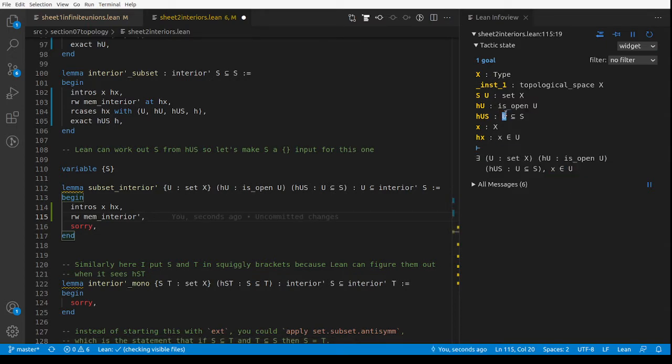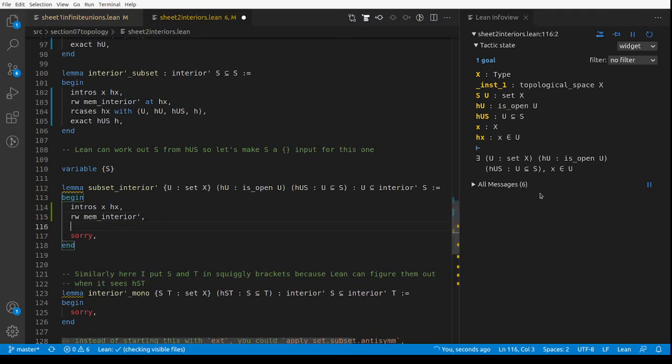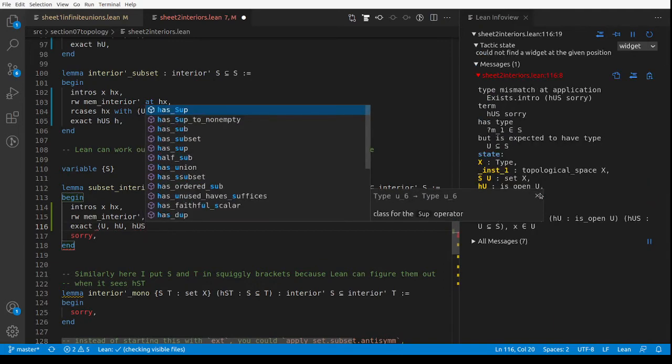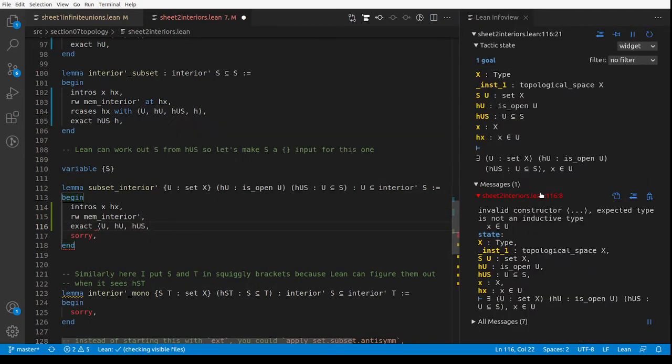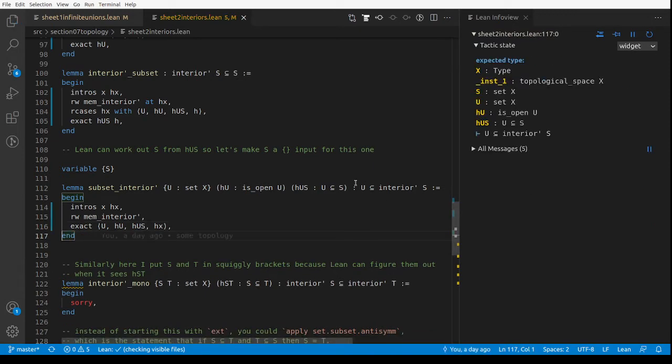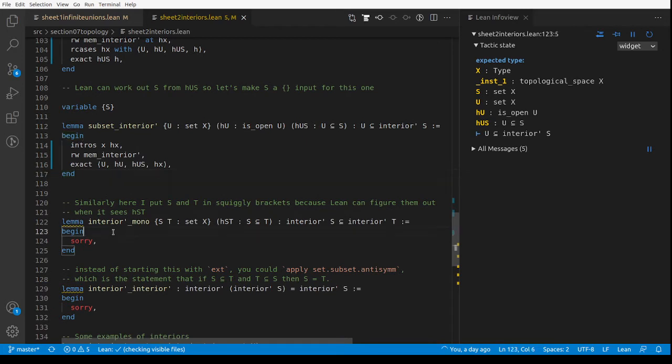So I've got a U and I've got the proof that U is open. And I need that U is in S, and I've got one of those, and I need to prove that x is in U, and I've got one of those as well. So this is exact U, hU, hUS, comma, what was it again? hx, I think. There we go, and that's 3 lines. See, all these proofs are really short. If you do them all in the right order, they're really nice and short.